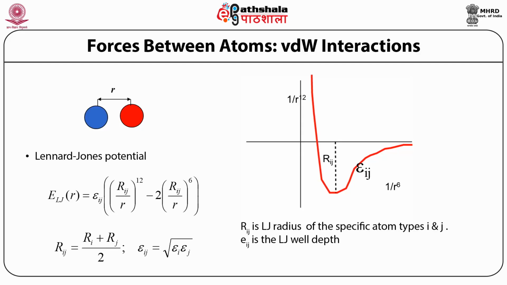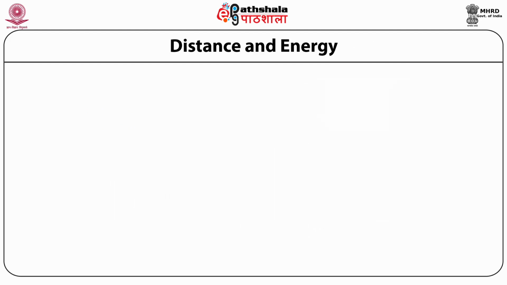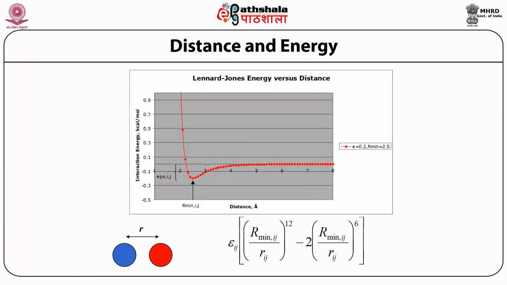We can calculate the average distance like this, and epsilon ij can be calculated by this expression. Distance and energies are shown here in a detailed function used as the 6-12 potential. Major cases, this is how it looks.